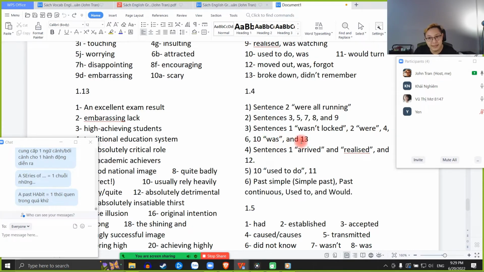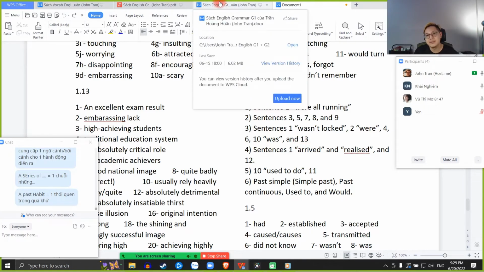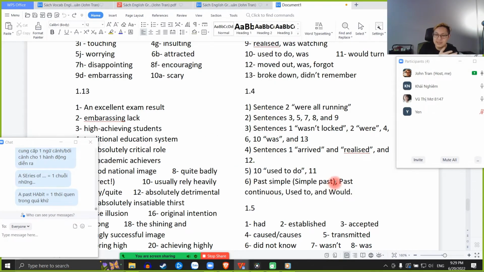Hành động mang tính đơn lẻ, không mang tính tiếp diễn. So, single completed action means it just happened, it doesn't continue. Nó chỉ diễn ra thôi, chứ nó không có mang tính tiếp diễn, you know. Nó đã không khóa, nó đã như thế nào. Something like that. So, 1, 2, 4, 6, 10, and 13.